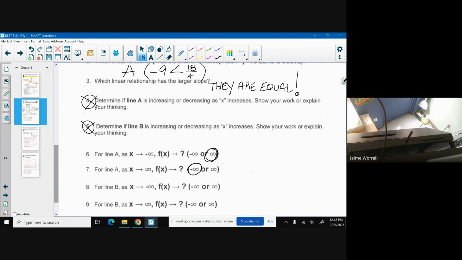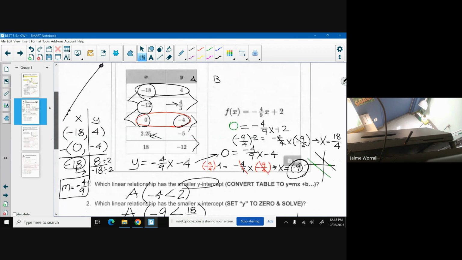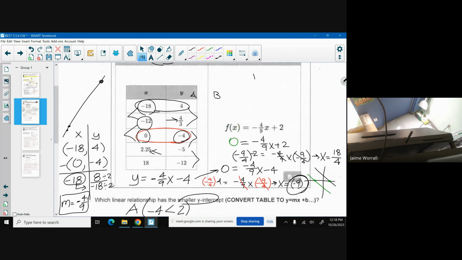Now how are you going to figure out for line B? You don't have a table, unless you make one. Let's make one real quick, just a couple of numbers. I would go 0, 2. There's a good one. How about 1? So 1 times 4/9 is negative 4/9.